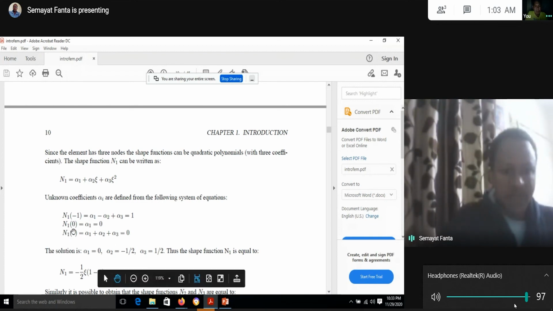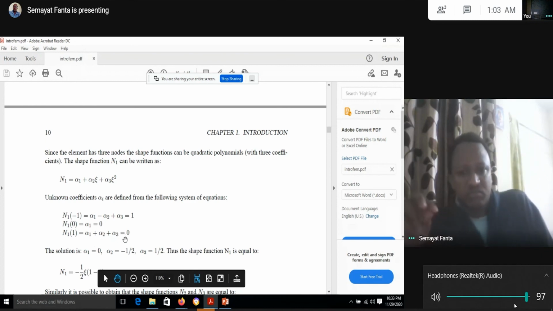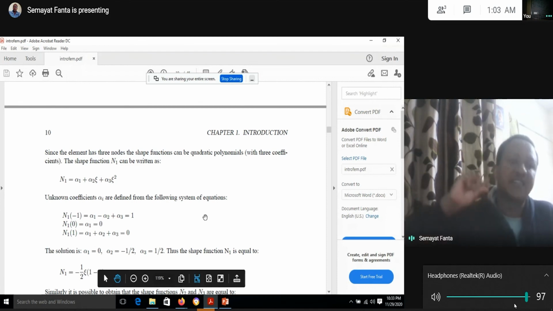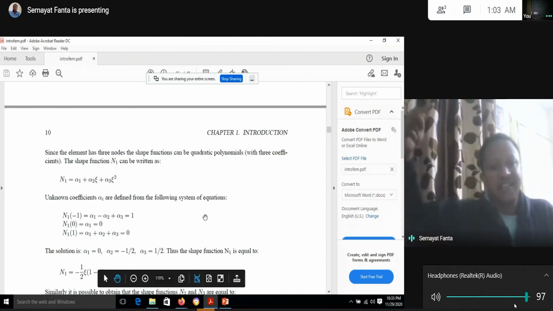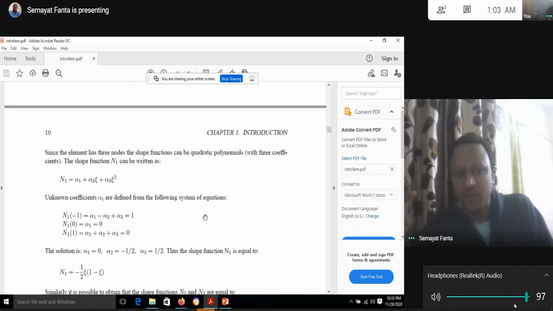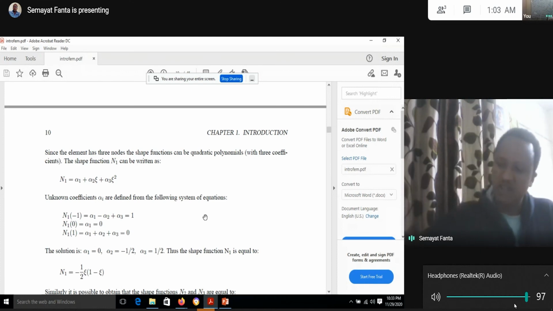Again, N1 of 0 at the middle node gives alpha 1 equal to 0. And N1 of 1, that means at the third node, alpha 1 plus alpha 2 plus alpha 3 is equal to 0. So considering the first node, the shape function N1 is 1, and at the third node it is 0.